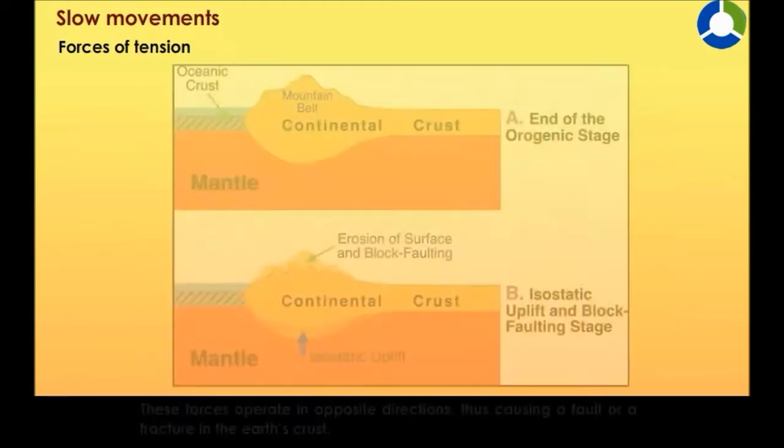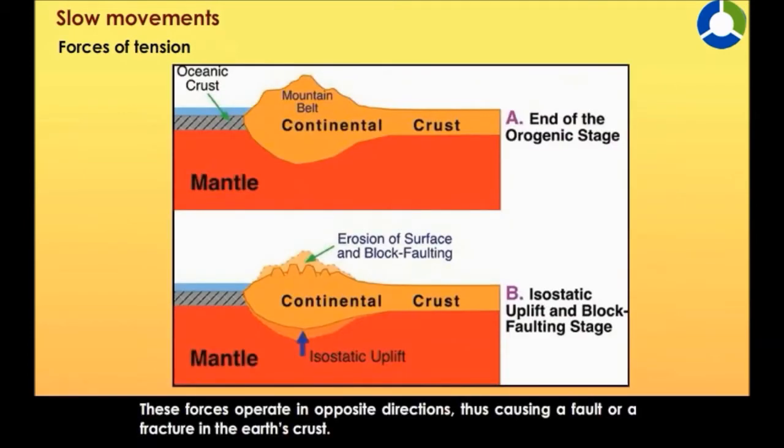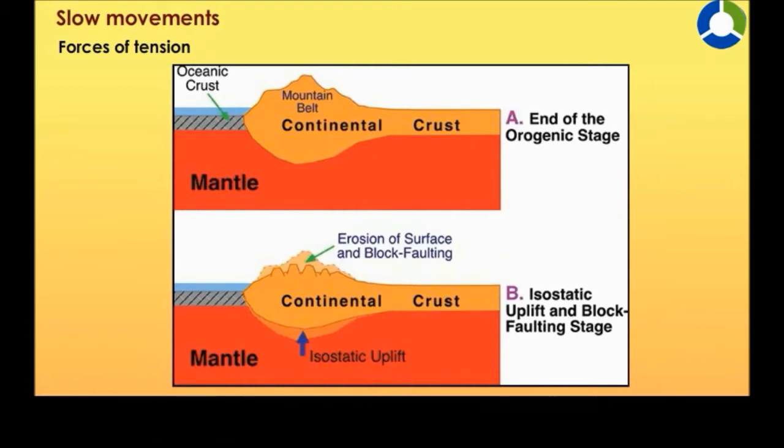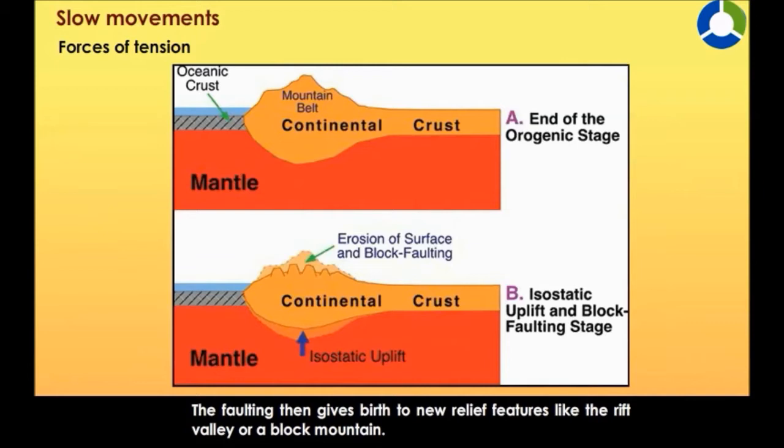Forces of tension. These forces operate in opposite directions, thus causing a fault or a fracture in the earth's crust. The fractured rock strata either slide upward or downward along the fault line. The faulting then gives birth to new relief features like the Rift Valley or a block mountain.